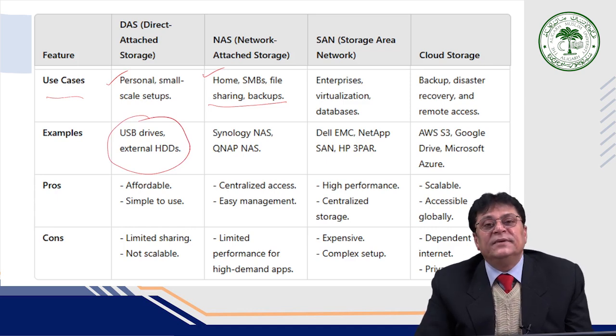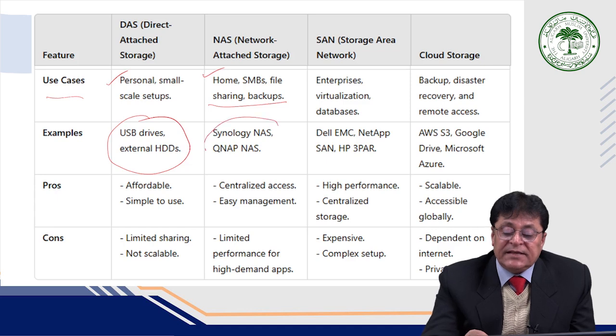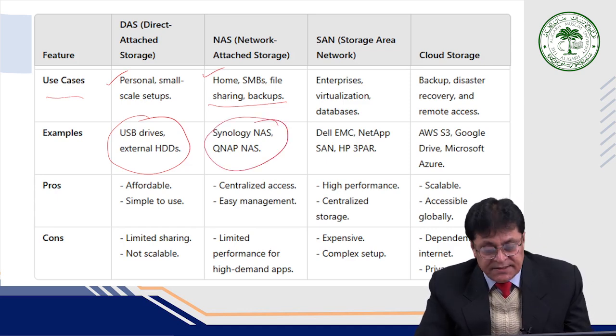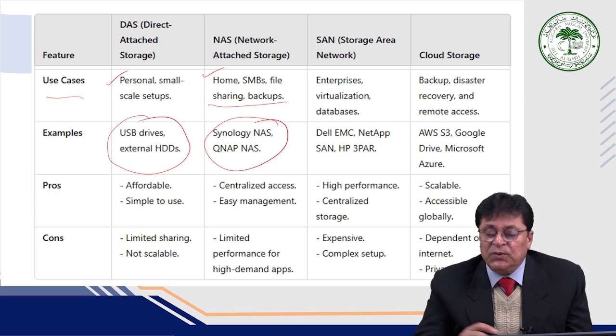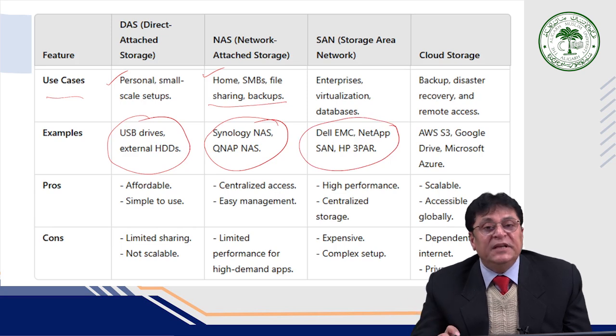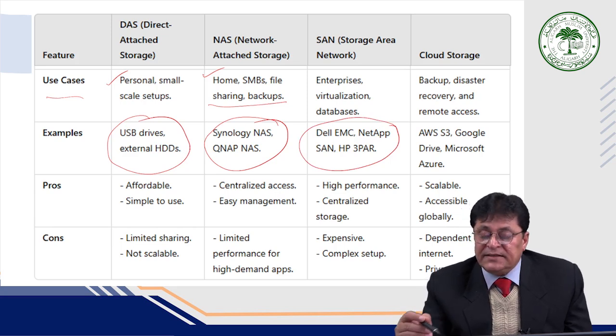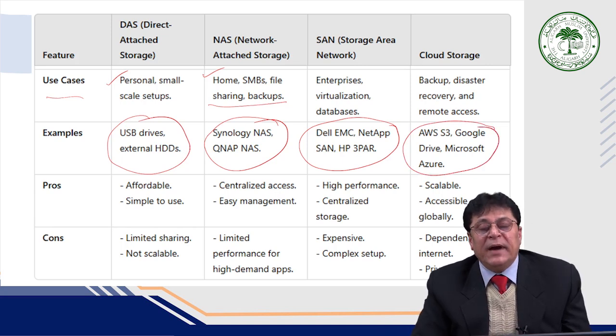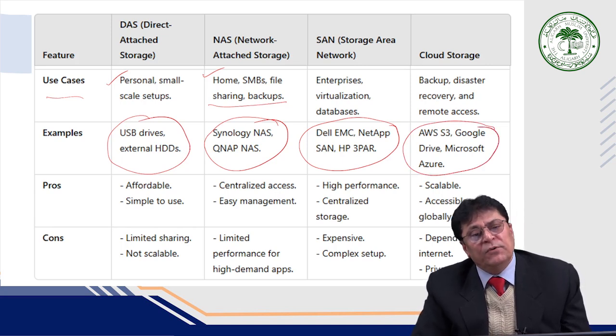USB drives and external hard disk drives are examples of DAS. Synology NAS and QNAP NAS are examples of network attached storage. Dell EMC, NetApp, and HP 3PAR are examples of SAN. AWS S3, Google Drive, and Microsoft Azure are examples of cloud storage.